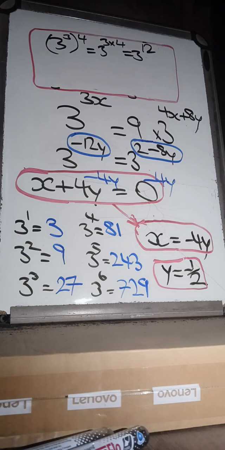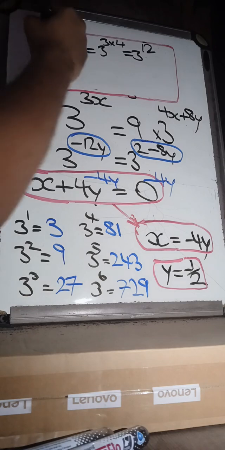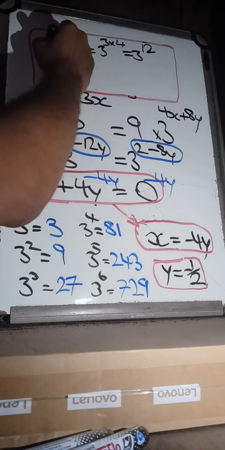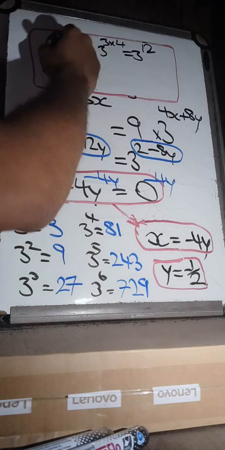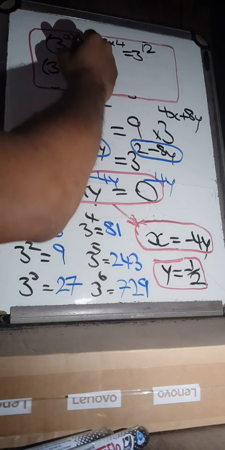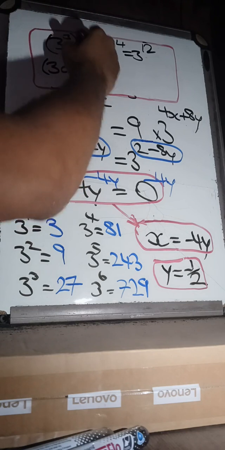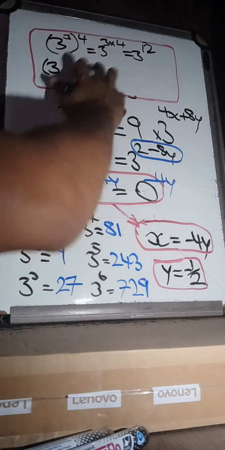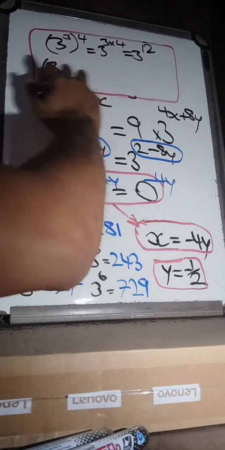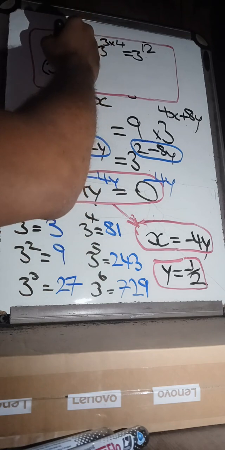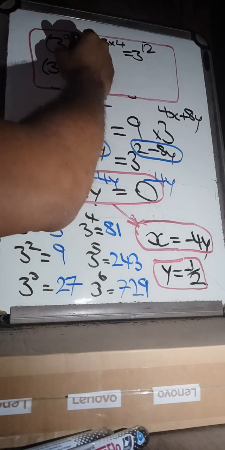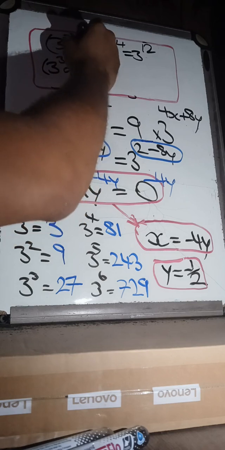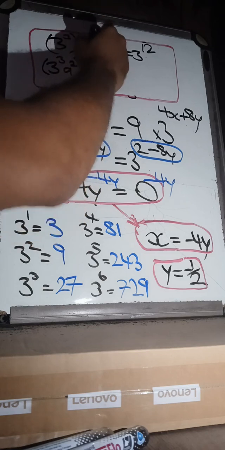Now, mind you, there is an unspoken rule. Let's say, what if you had 3a raised to the 2? Oh, hold on. I don't want it to just be that. 3 to the 3 times a raised to the 2, all of that raised to the 4.